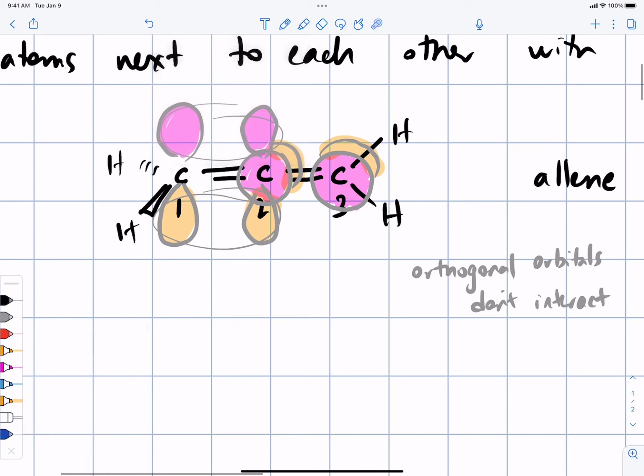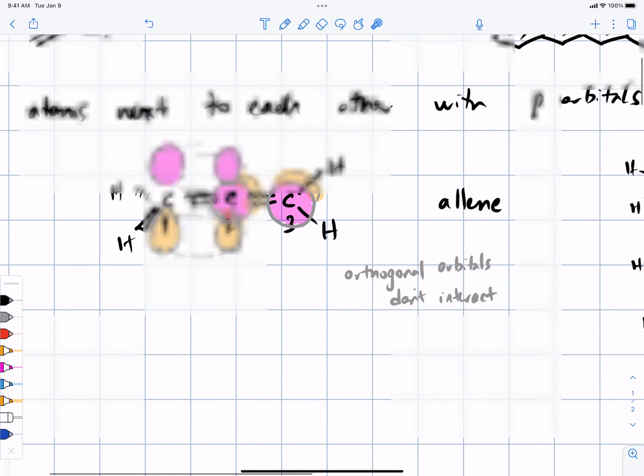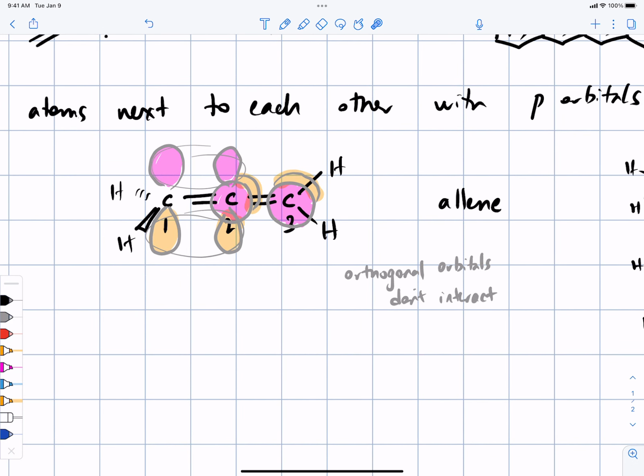All right, so because the p orbital on carbon 1 is perpendicular to the p orbital on carbon 3, those two don't interact. The carbon in the middle interacts with both of them, one on one side, one on the other side. It's got two p orbitals it can do this with, but carbons 1 and 3 are not part of the same system of pi orbitals.